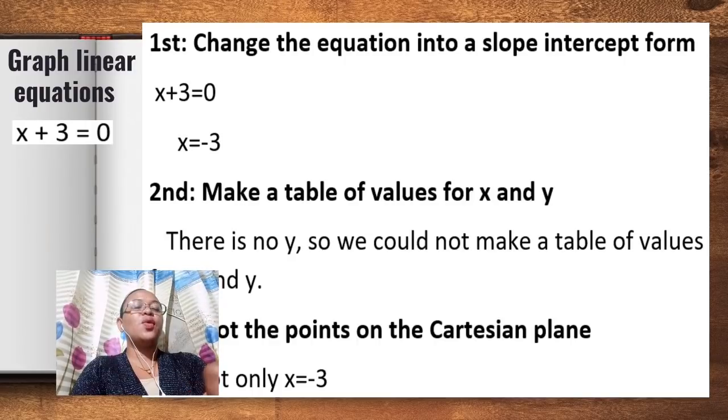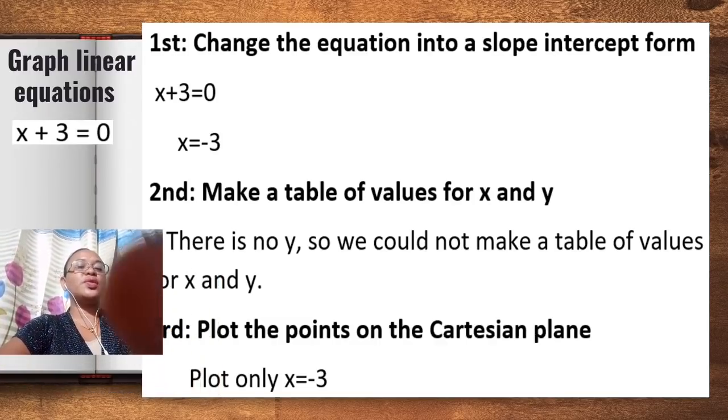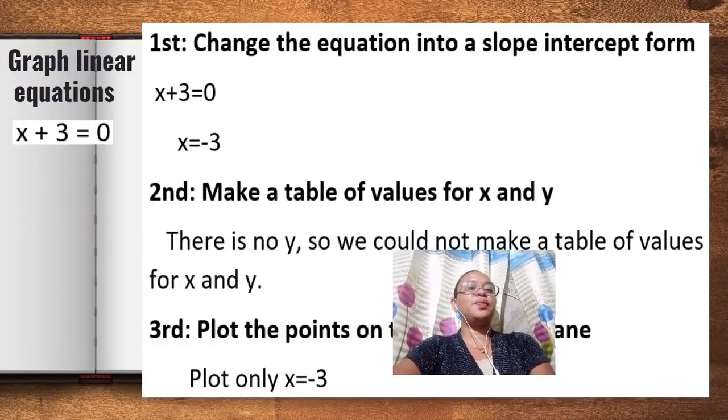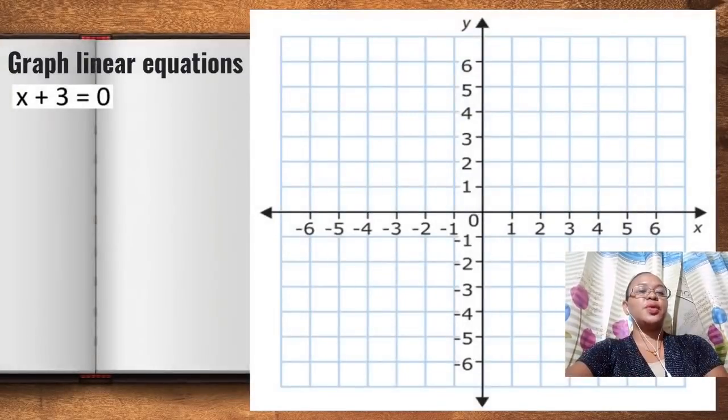And so, what will happen? We will just consider the value of x. There is no y, so we could not make a table of values. So we will only plot the point x is equal to -3. So how do we plot that one?